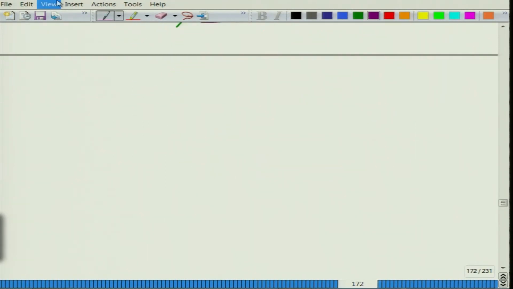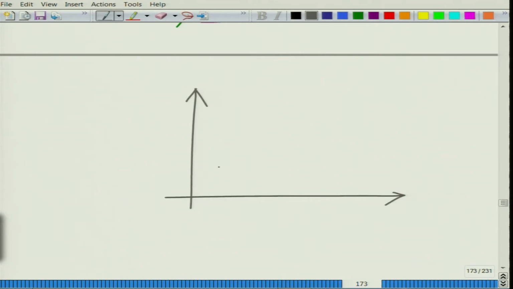For instance, let us take a simple visual example of that. I am going to illustrate a two-dimensional data. So, let us say you have two-dimensional data, for instance. So, data has a large spread.